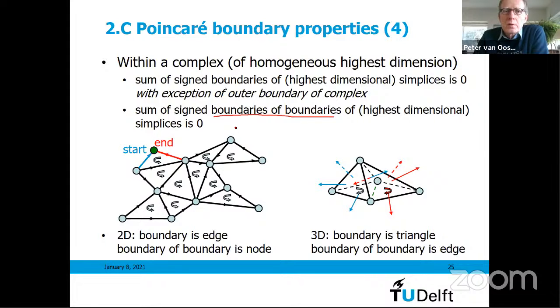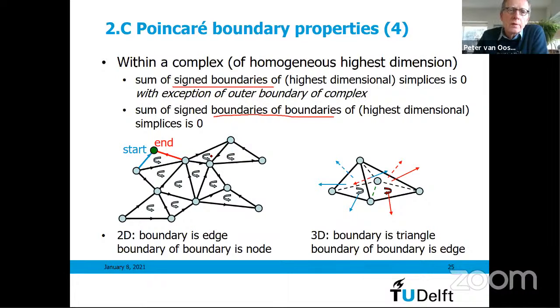That means they are once used as a begin and an end point, if they are positive or negative. And all boundaries of boundaries are used as much as a start and as an end point. And the sum of the signed boundaries, so that is the direct boundary.